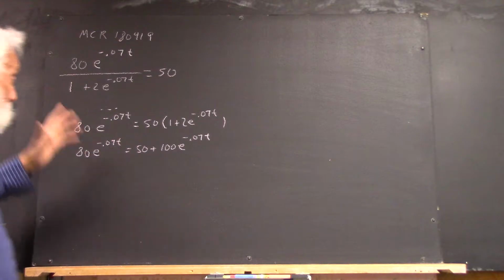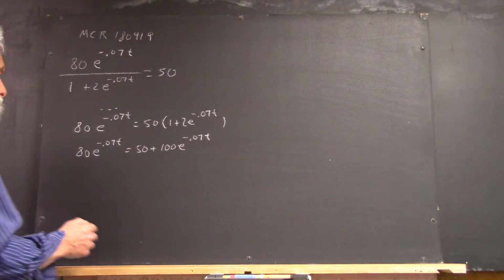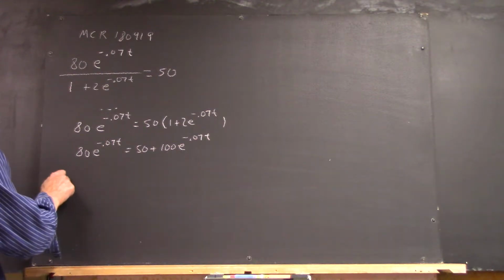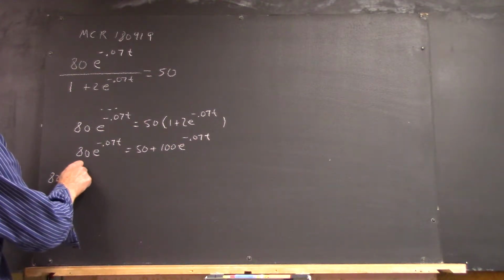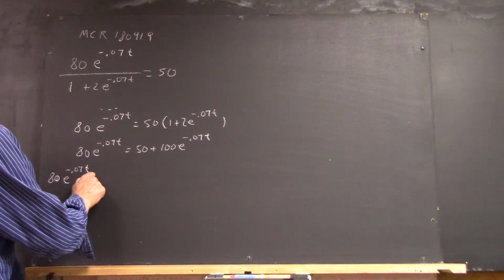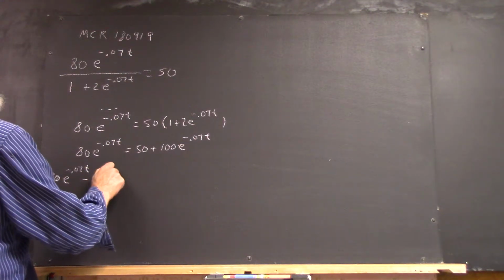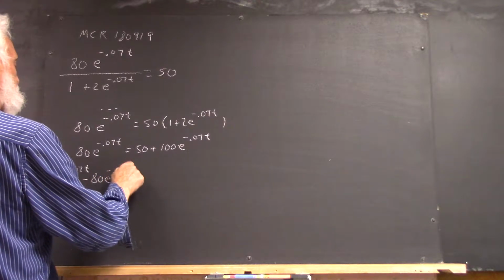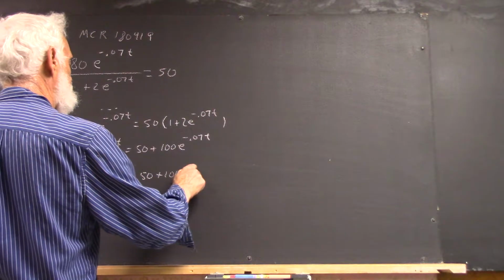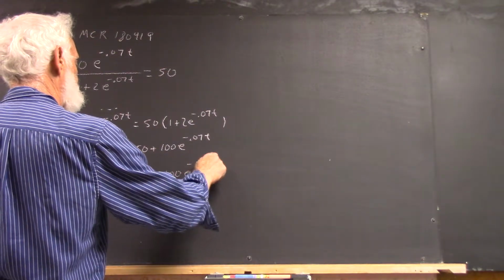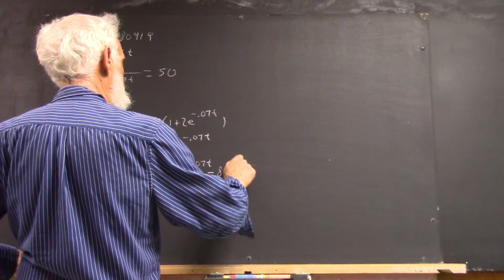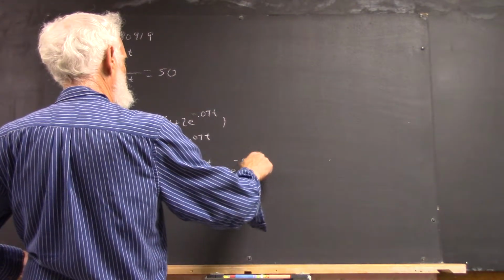So anyhow, what Jaheen's on to is we subtract this from both sides. So let's do this. 80 e to the negative 0.07t minus 80 e to the negative 0.07t equals 50 plus 100e to the negative 0.07t minus 80e to the negative 0.07t.